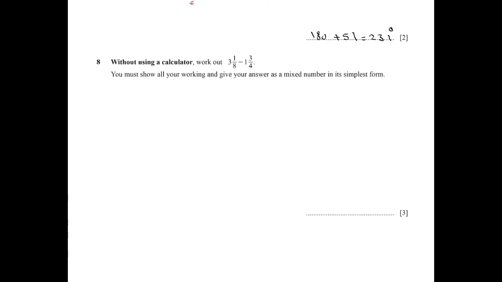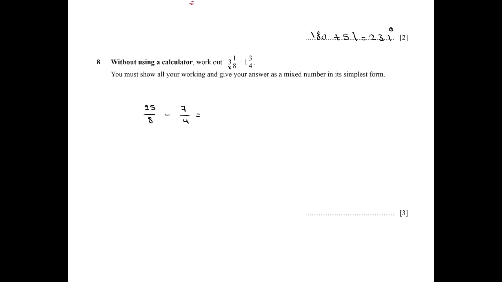Question 8. Without using a calculator, it means you have to show me all the steps. Use the calculator as you like, but you have to show me the steps of your answers. We have to find the improper fractions. We can solve it with these mixed numbers. To find the improper fraction, we multiply 3 times 8 plus 1, which means 25 over 8, minus 1 times 4 plus 3, which means 7 over 4.